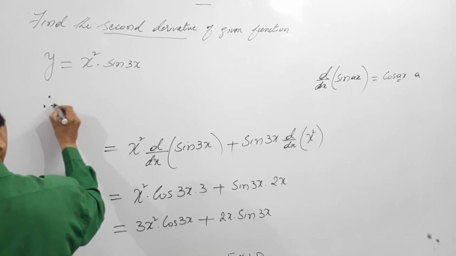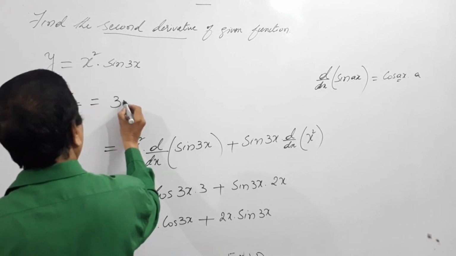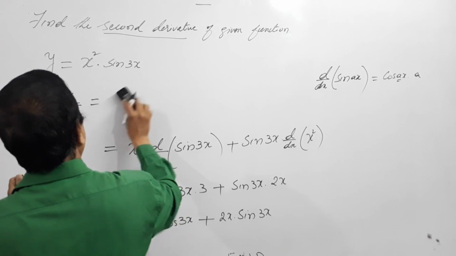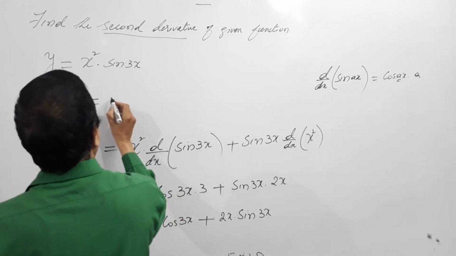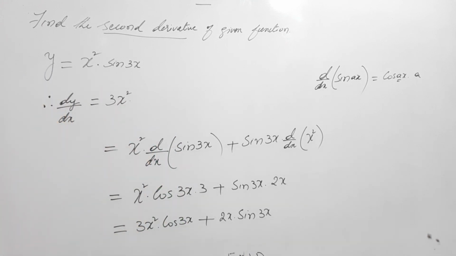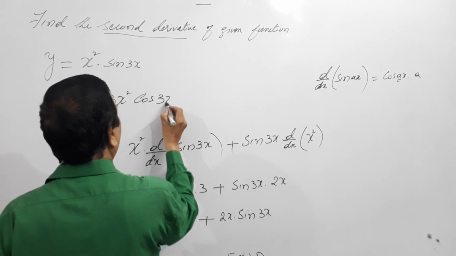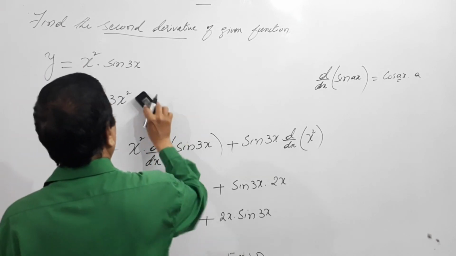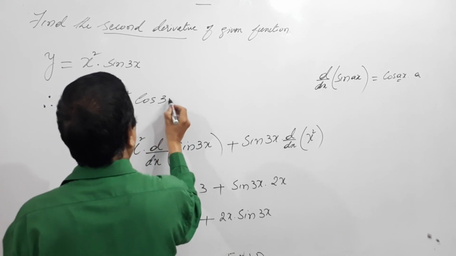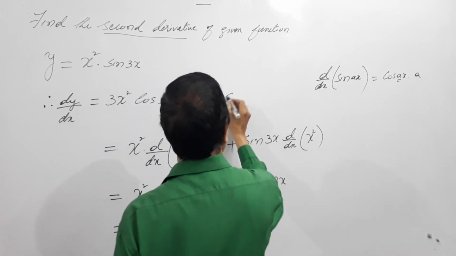Therefore dy by dx equals 3x square into cos 3x plus 2x into sin 3x.